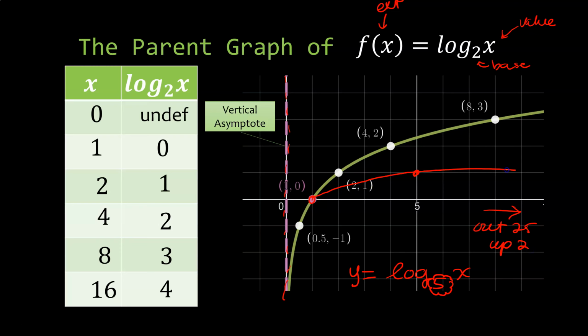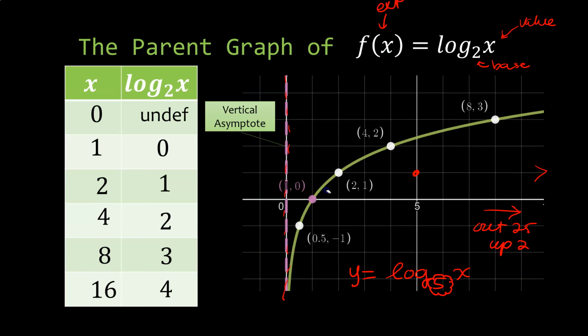And then you would have this graph that looks like this, and it would also go like that, right? Same shape. So that's how the log graph would change if the base changes. You're always going to have the point 1, 0 and the vertical asymptote.